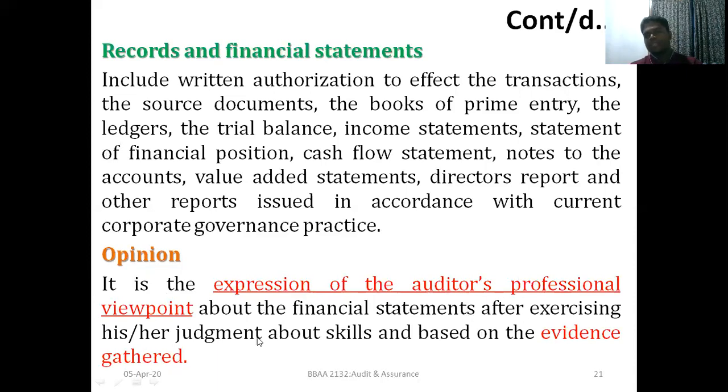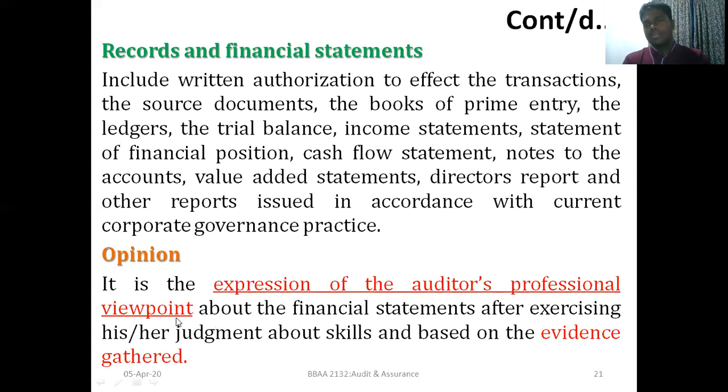The auditor checks the documents and compares, to see whether all the accounting standards are properly complied with and everything is okay, and then gives a positive opinion. So the opinion is the expression of the auditor's provisional viewpoint.